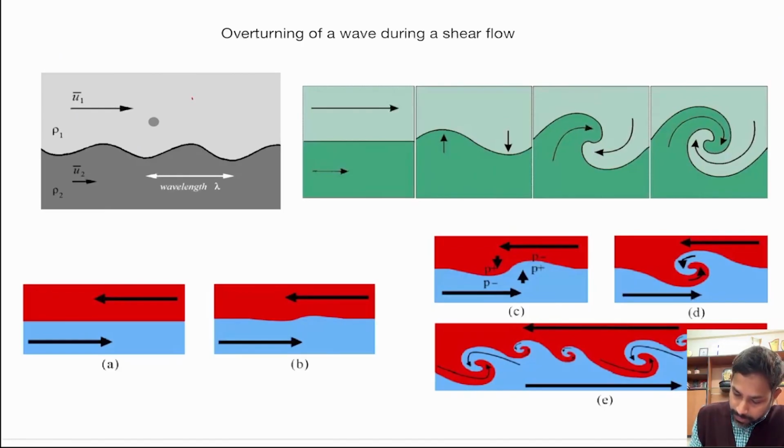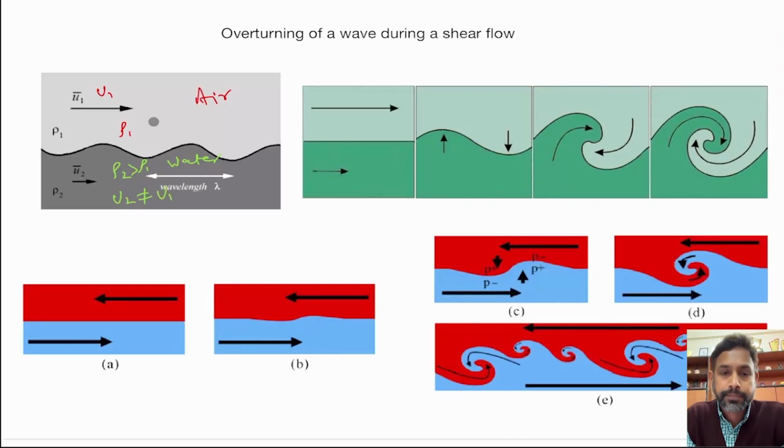Here we will assume that the upper layer is air, and the lower layer fluid is water. For the upper layer the density is rho 1 and the velocity is, let's say, u1, whereas for the lower layer the density is rho 2, which is greater than rho 1, and you have velocity u2 which is not equal to u1, so it has a different velocity.